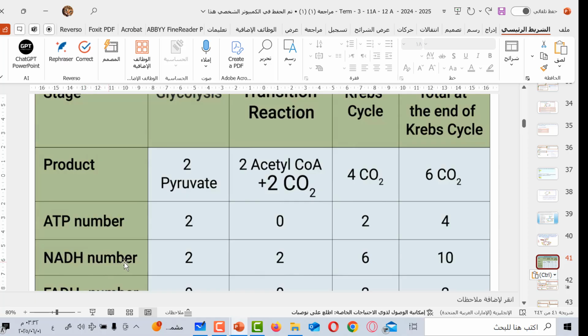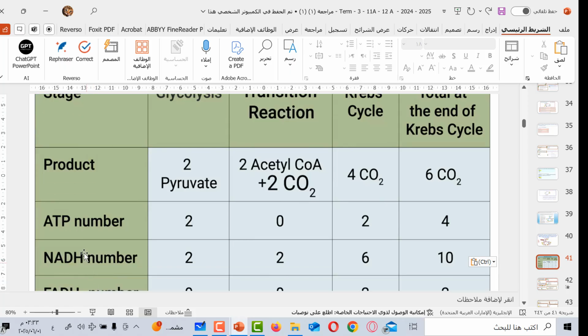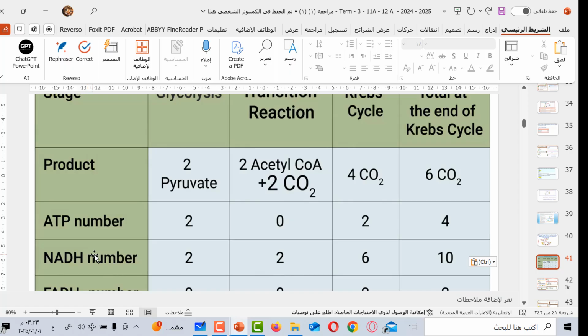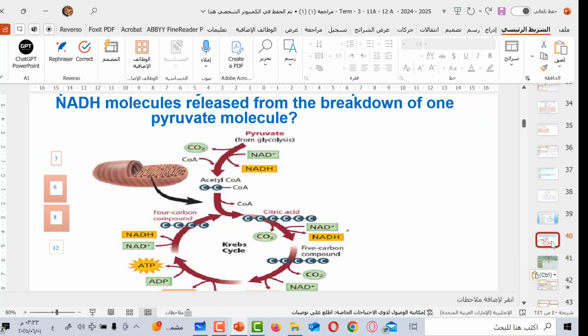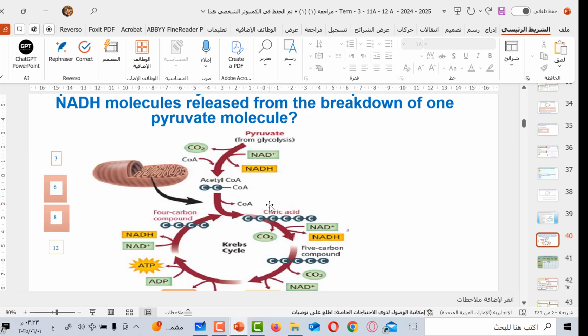He asked about 1 pyruvate. It will give us how many ATP in the Krebs cycle? Again, we will see the question. How many ATP molecules are produced from NADH molecules released from the breakdown of 1 pyruvate molecule?